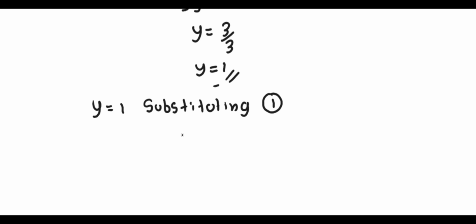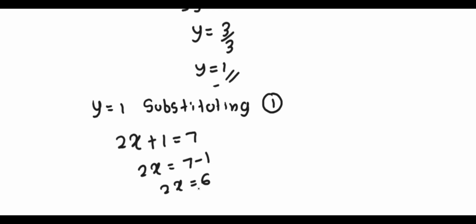So what was our first equation? 2x plus y, which means 2x plus 1 equals 7. 2x equals 7 minus 1, which is 6. 2x equals 6.